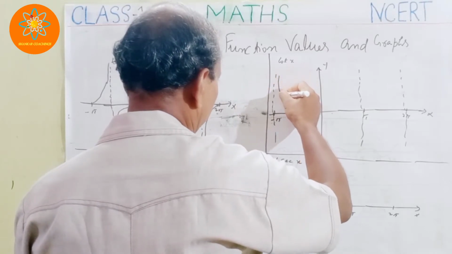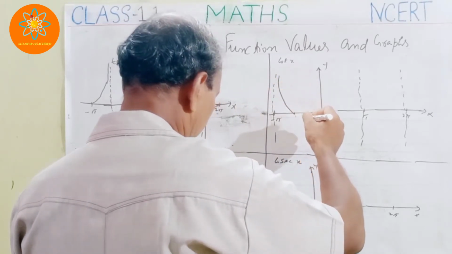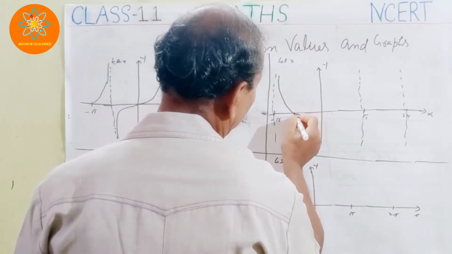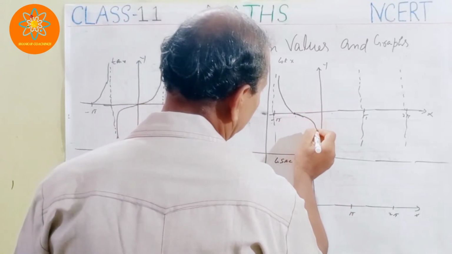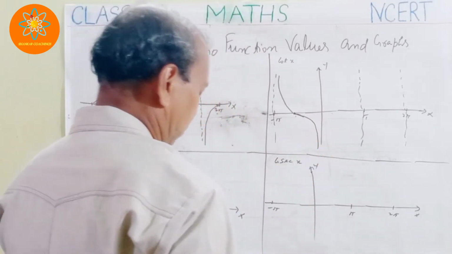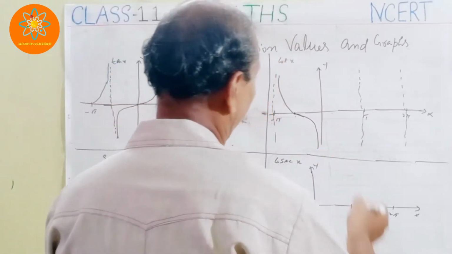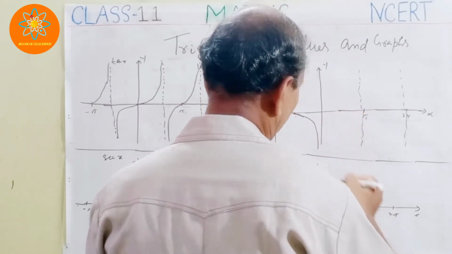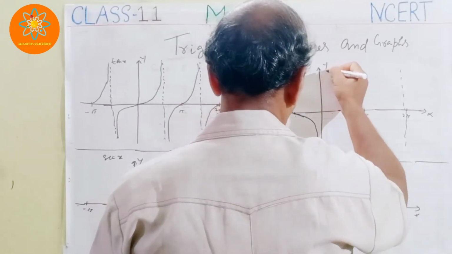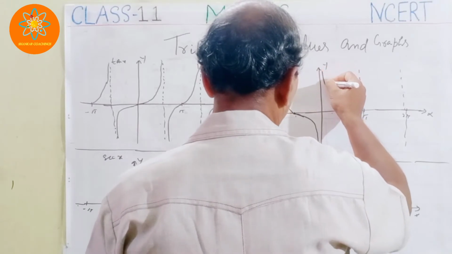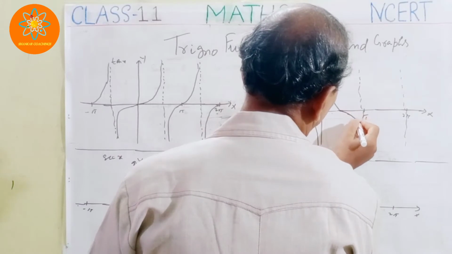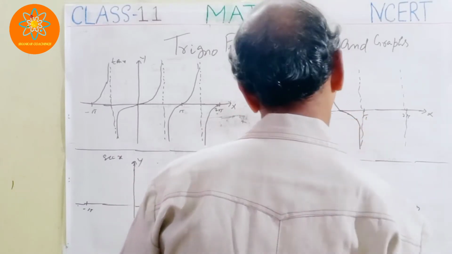It is not defined at this point. At this point, the value is going to be 0, and it will be like this. Similarly, at this point pi by 2, the value is going to be 0, and it is not defined at this pi.